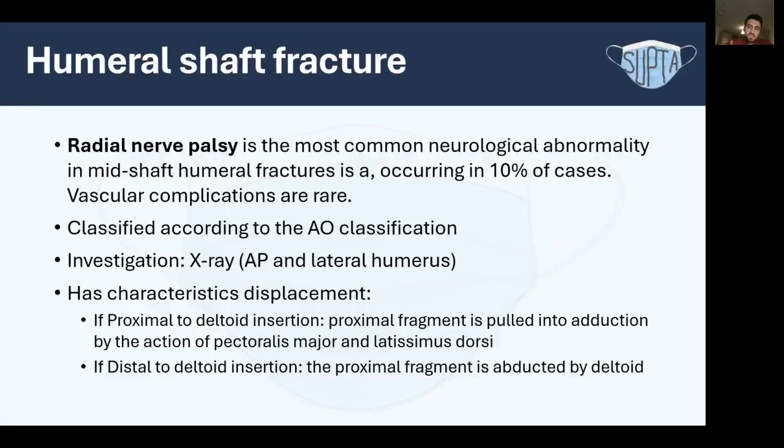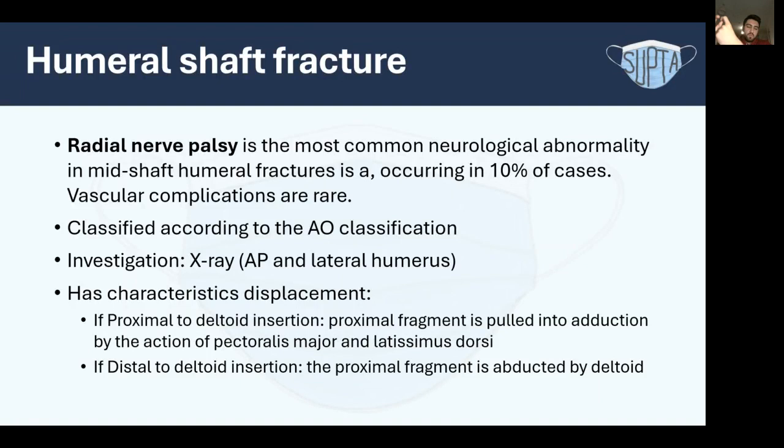If you imagine the muscle insertions, with a fracture further along the arm, distal to the deltoid insertion, the deltoid is unopposed, and that puts the more proximal part of the fracture in a more abducted position, and you may find that the distal section is a bit more adducted.